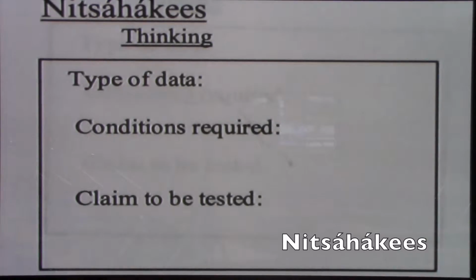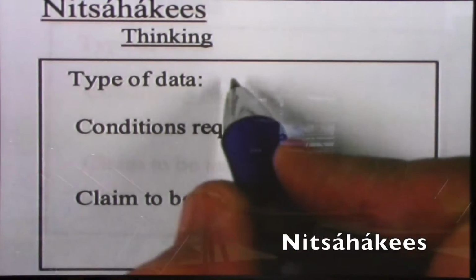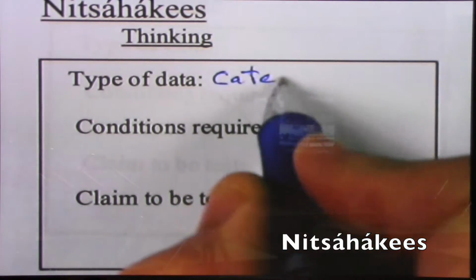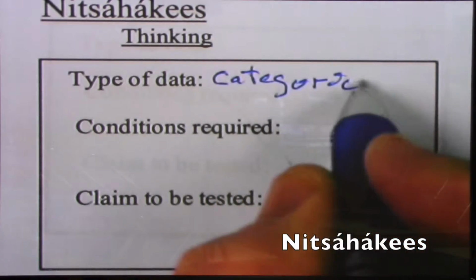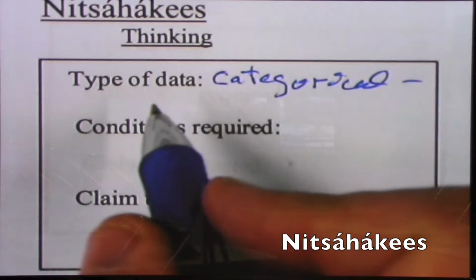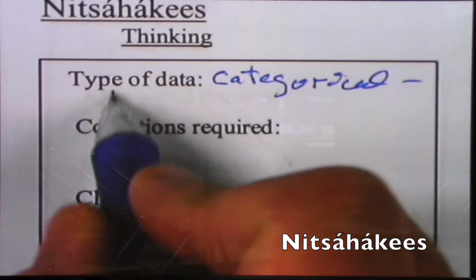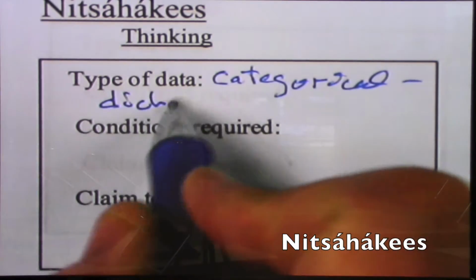So we have categories. People are in categories: use or not use, got the disease, didn't get the disease. So these are categorical data. And the particular form of categorical data is that they are dichotomous, two values.